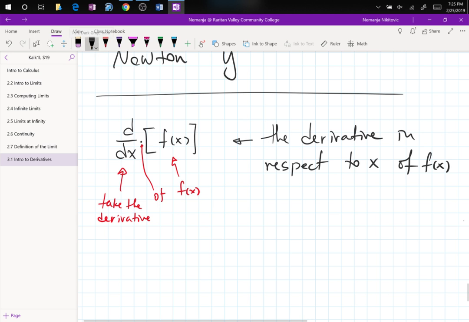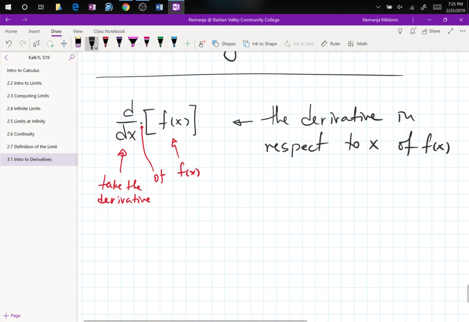So we can write in line. We can say the derivative of the square root of x plus 3 is 1 over 2 square root of x plus 3. This is why Leibniz notation is godly.